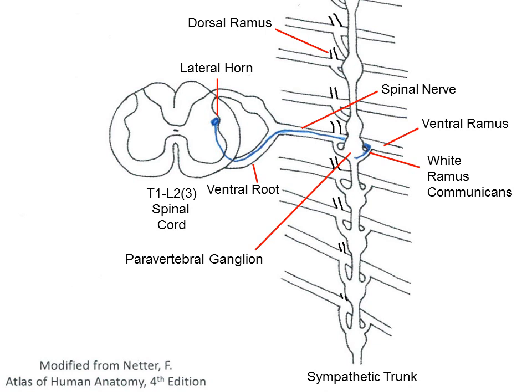The axon is going to travel out of the spinal cord through the ventral root, into the spinal nerve, into the ventral ramus. It's then going to leave the ventral ramus to enter the sympathetic trunk through the white ramus communicans. And our sympathetic trunk, you can see, is this chain of paravertebral ganglia that are connected together.